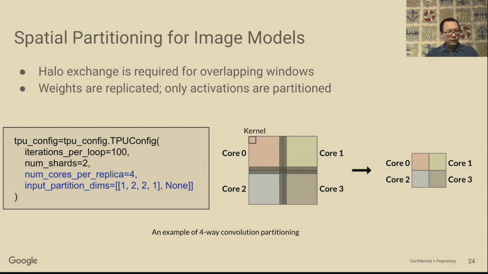And even if it fits, because the batch size is relatively small and less efficient, you may want to just partition the spatial dimension instead of the batch dimension to make it more efficient.